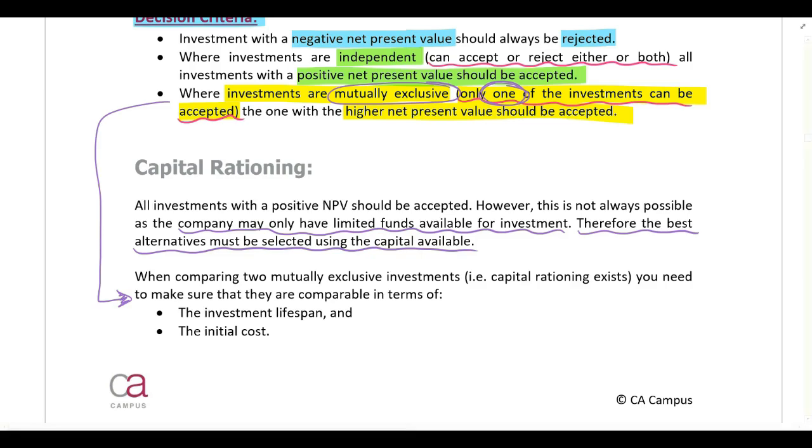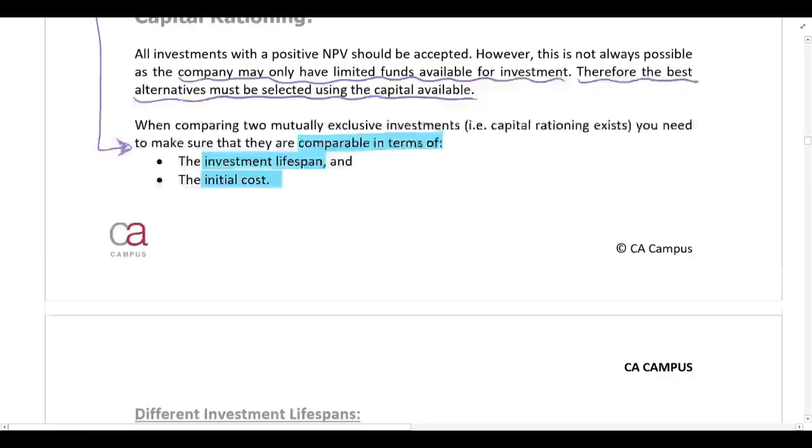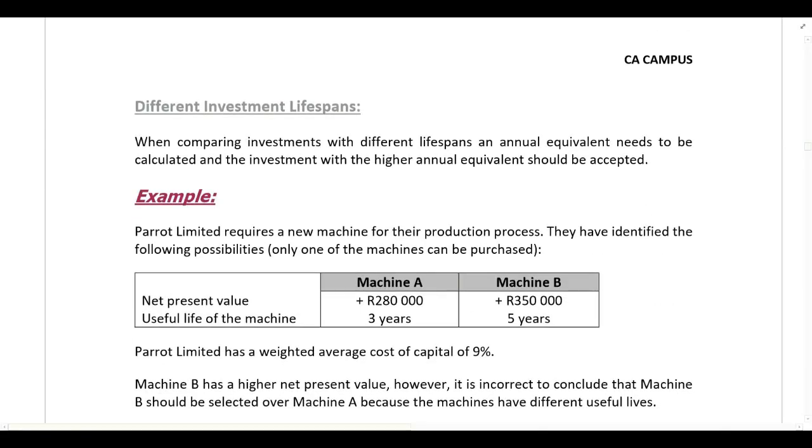Now, it's very important when we are comparing two different investments and the company can only select one of those investments, we need to make sure that these investments are comparable in terms of the investment lifespan and also in terms of the initial cost. So first, guys, we are going to look at the investment lifespan in a little bit more detail.